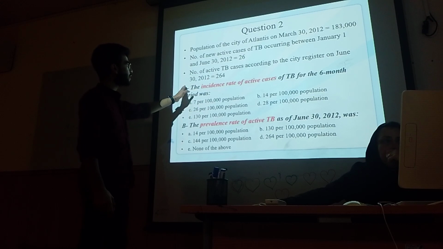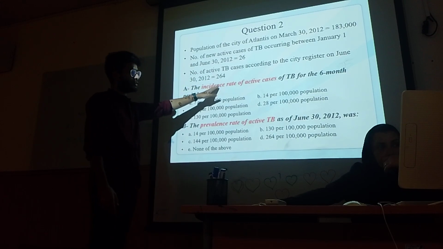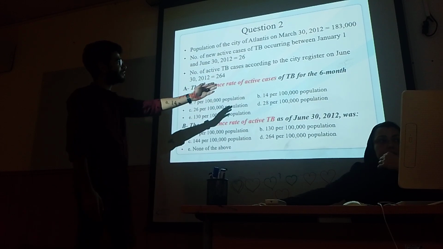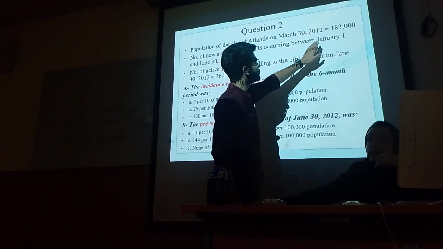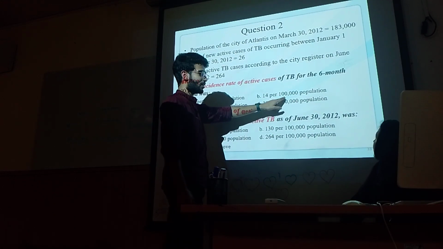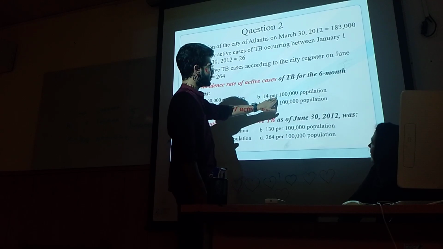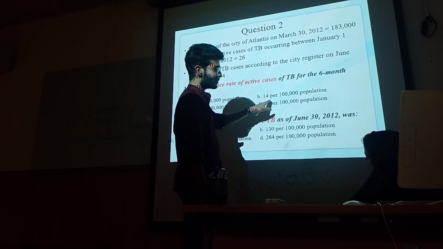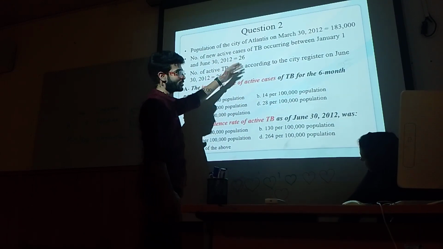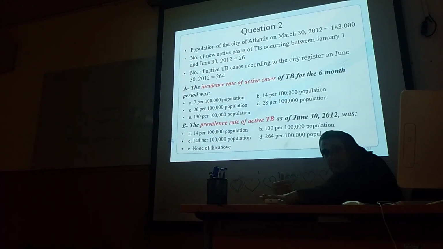And the total existing along with the new is 264. Here we are looking per 1,000. I saw that 14 multiplied by 2 is 28. The new cases are only 26, so it should apply to the population. Very good.